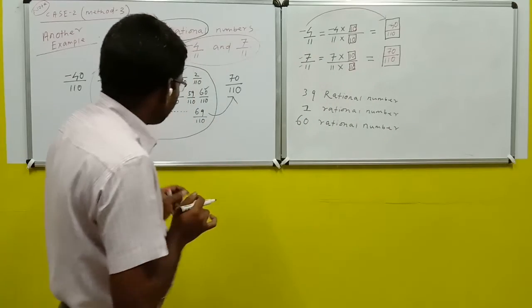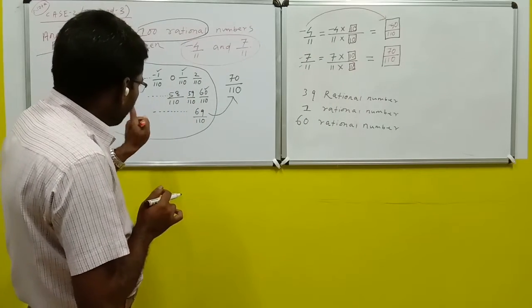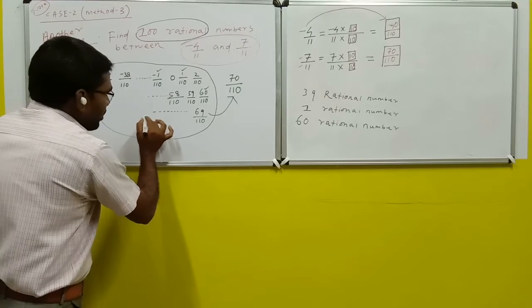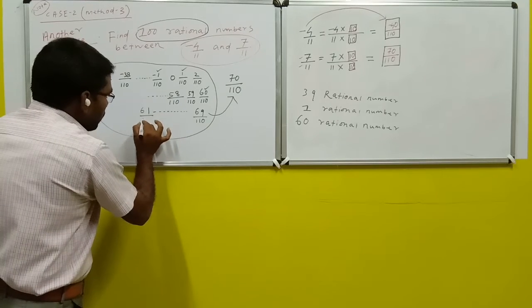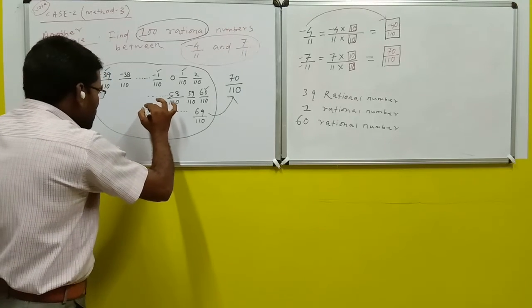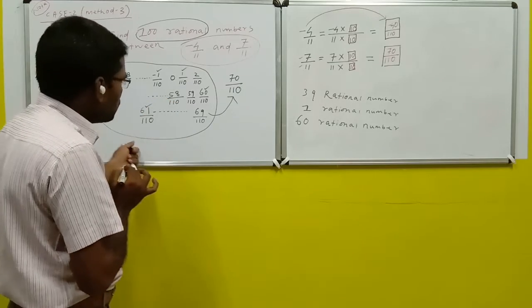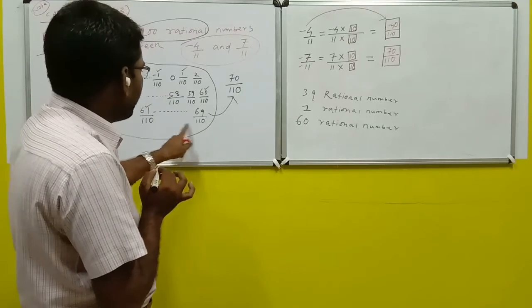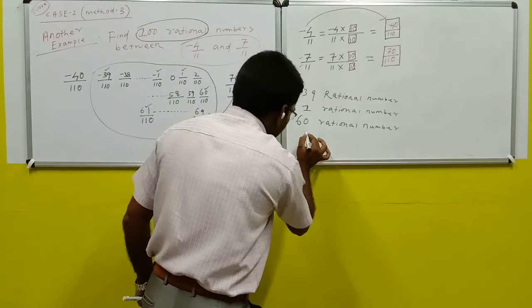And from 61 by 110 to 69 by 110, they are 9 rational numbers.